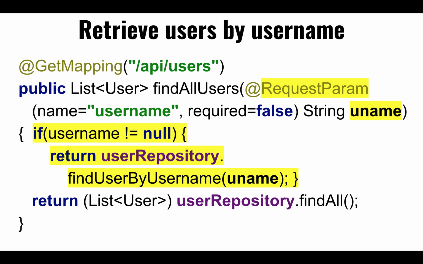So this example here is considering this option, right? Why? Notice that all by itself, this is mapped to find all users. But I want to use that same URL pattern to be able to retrieve somebody who has a particular username, or salary, or role, or however we want to filter it.